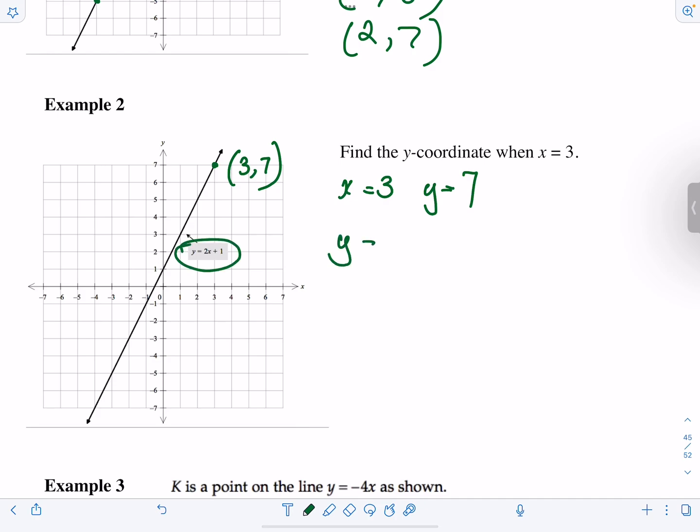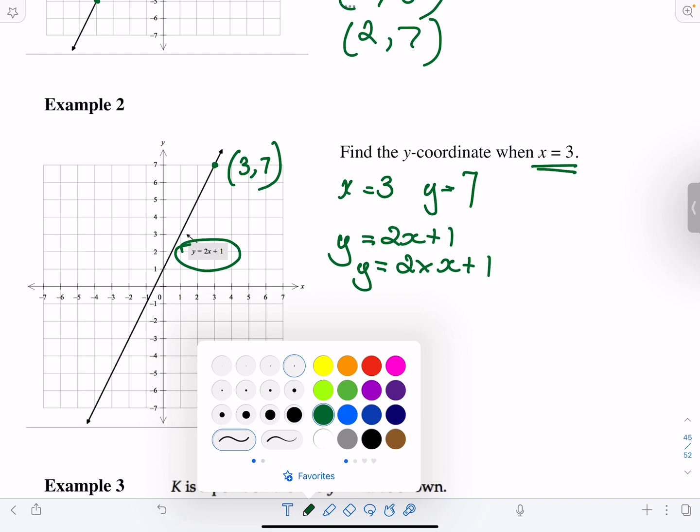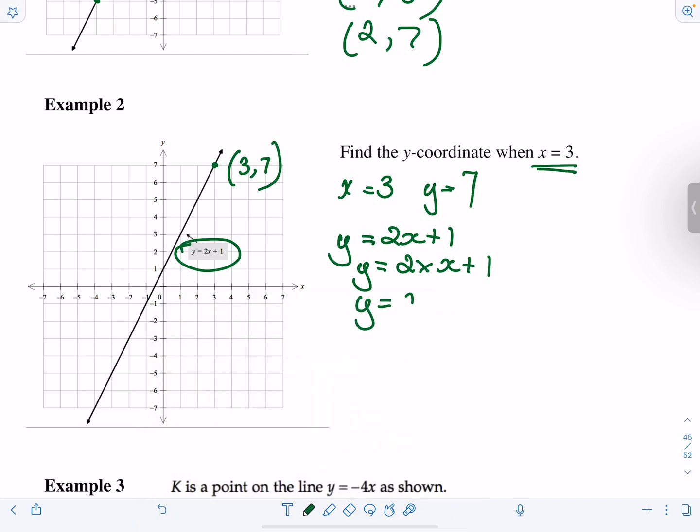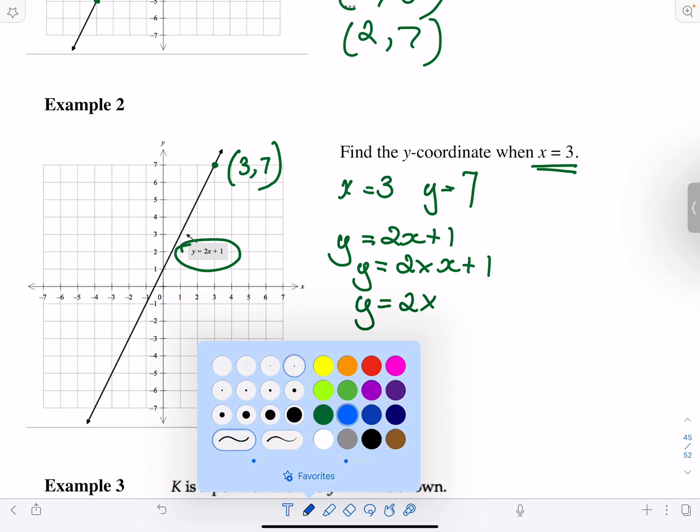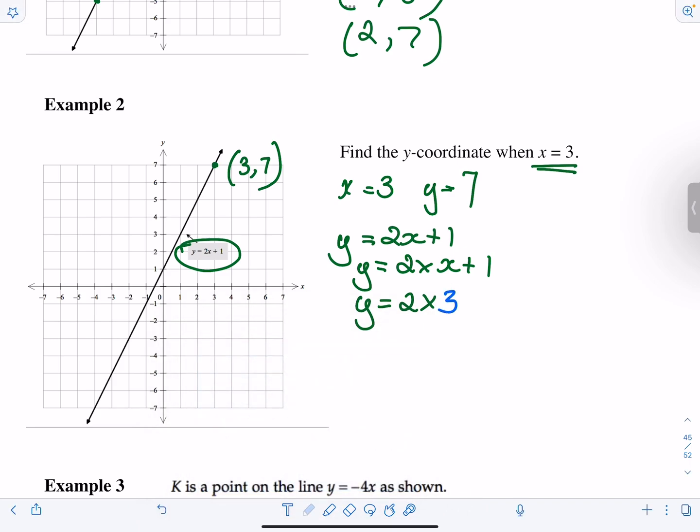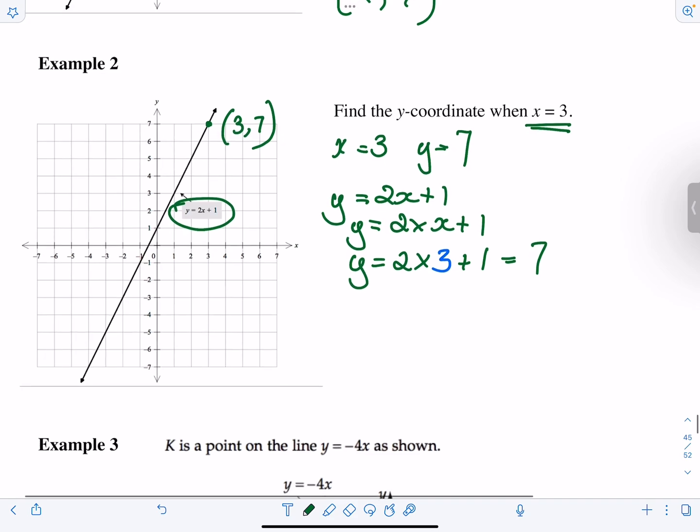If I've got y equals 2x plus 1, then if x is 3, that's like doing y equals 2 times 3 plus 1, and you'll also get 7. So there are two ways to do it: either from the graph or by substituting into the equation.